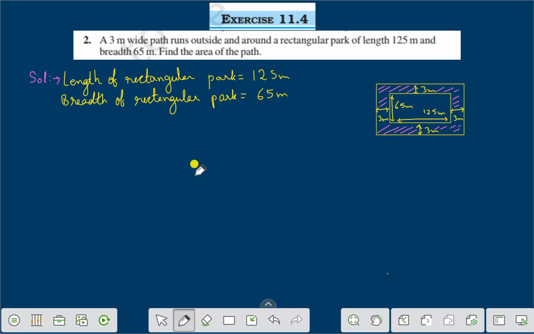Therefore you can find the area of the rectangular park.